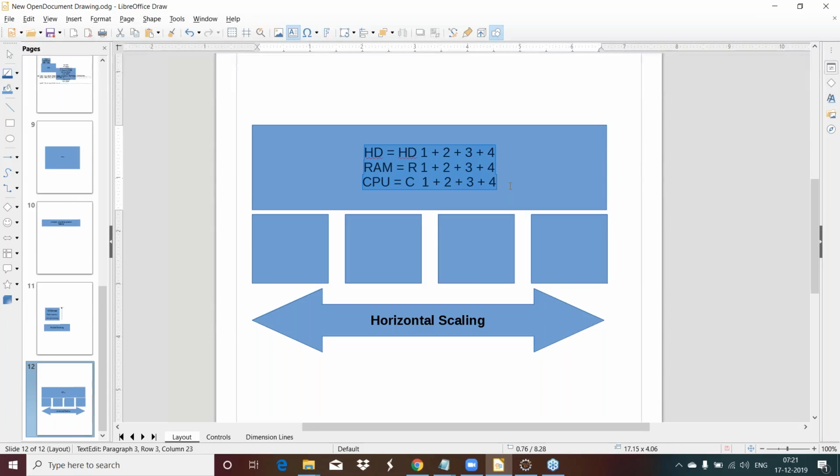I just want everyone to think about it. My question is, do we have any physical machine available with us which can process 80 GB of data?